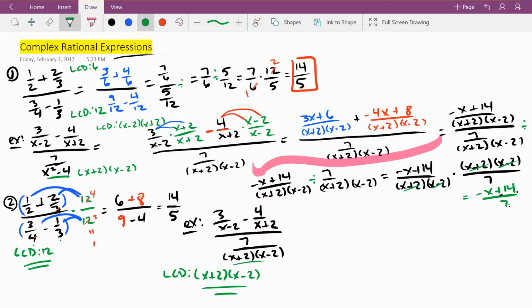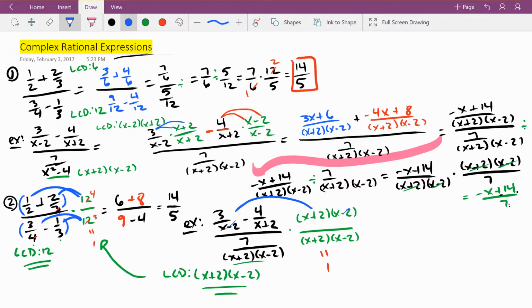Remember, just like back here, we've multiplied both the numerator and denominator by the LCD of everything. We could see right away there's going to be a lot that cancels. Again, x plus 2 over x minus 2, x plus 2 is just 1, another form of 1. When I distribute to this 3 over x minus 2, these x minus 2's cancel.